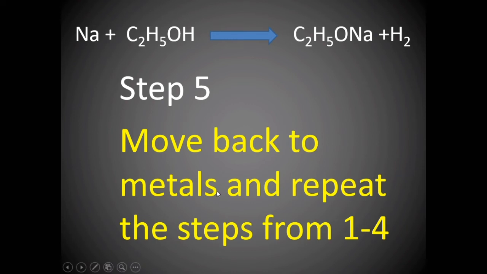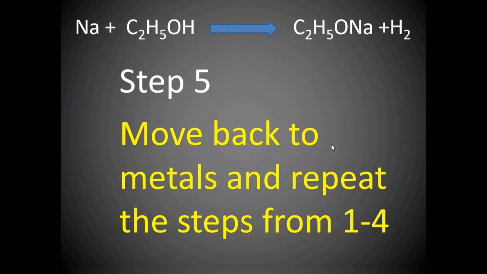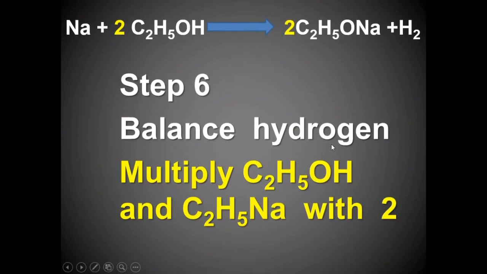The fifth step is to move back to the metals and repeat steps 1 to 4, that is metal, non-metal, oxygen, and after that we move toward the hydrogen and balance the hydrogen in step 6.